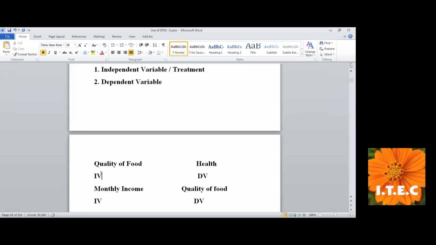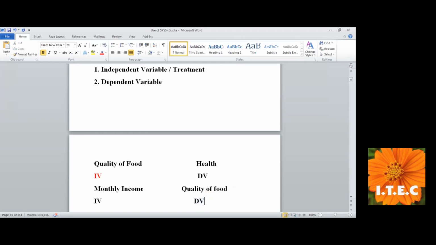Now in the first example, the quality of food is independent, and in the second example, the quality of food becomes dependent. What is the meaning? The meaning is no variable forever is dependent or independent.